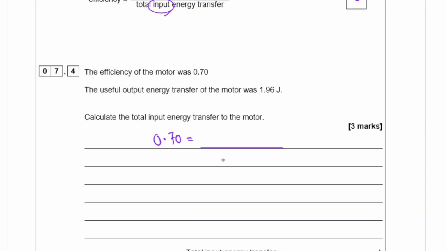This is going to be the input, which is, yeah, input energy. Again, I'm making the same mistake.